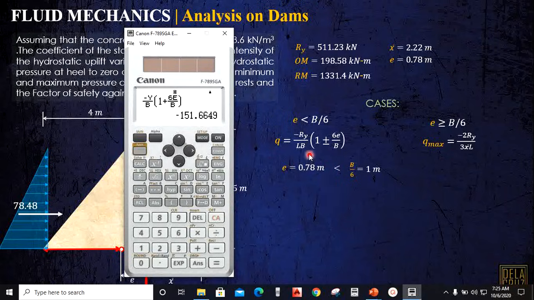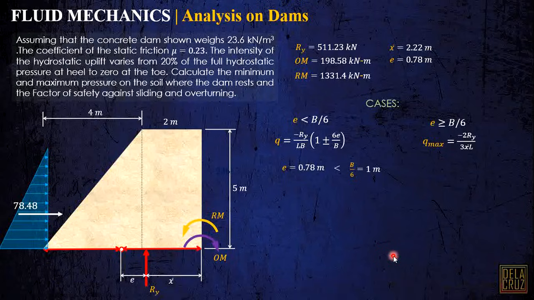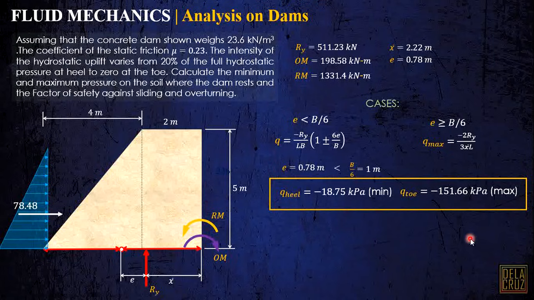Because of this formula, we just follow it. Negative will come out. And if we want the minimum, then I will just replace this with minus. Plus or minus, equals that one. These are the maximum and the minimum pressures. So if our E exceeds B over 6, that means we have no minimum pressure, only maximum. Or actually, our minimum pressure is 0.